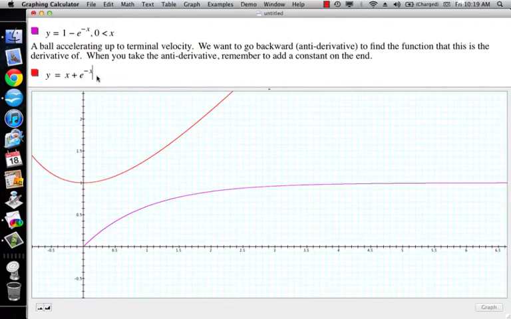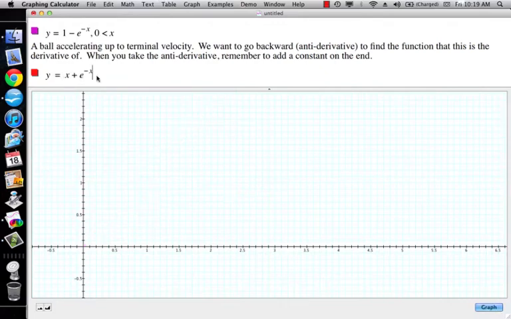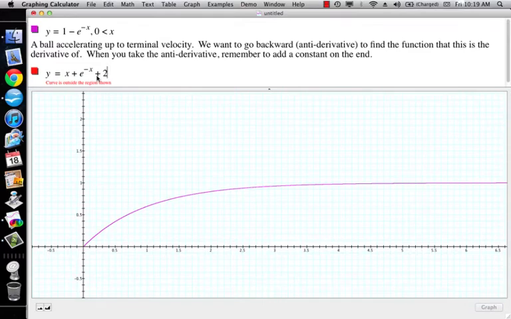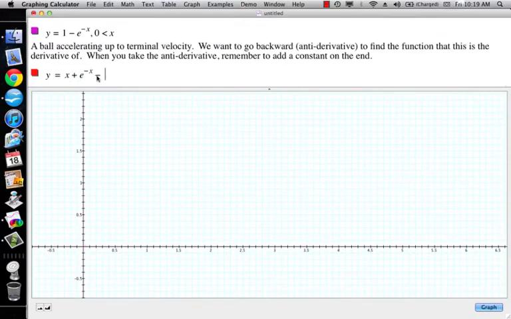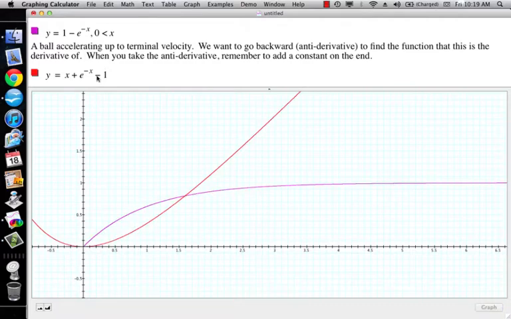But so is that, that's also going to give me the same derivative. This is also going to give me the same derivative.